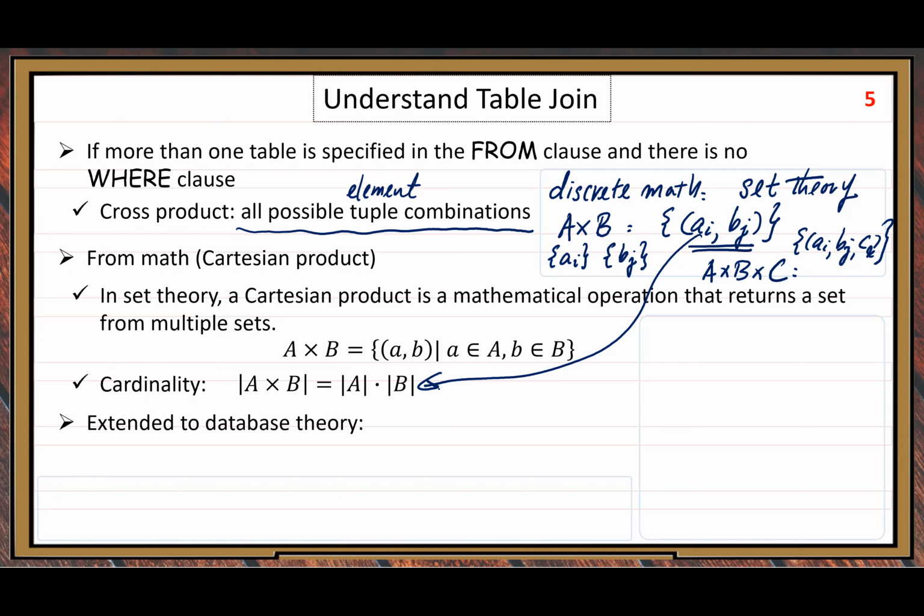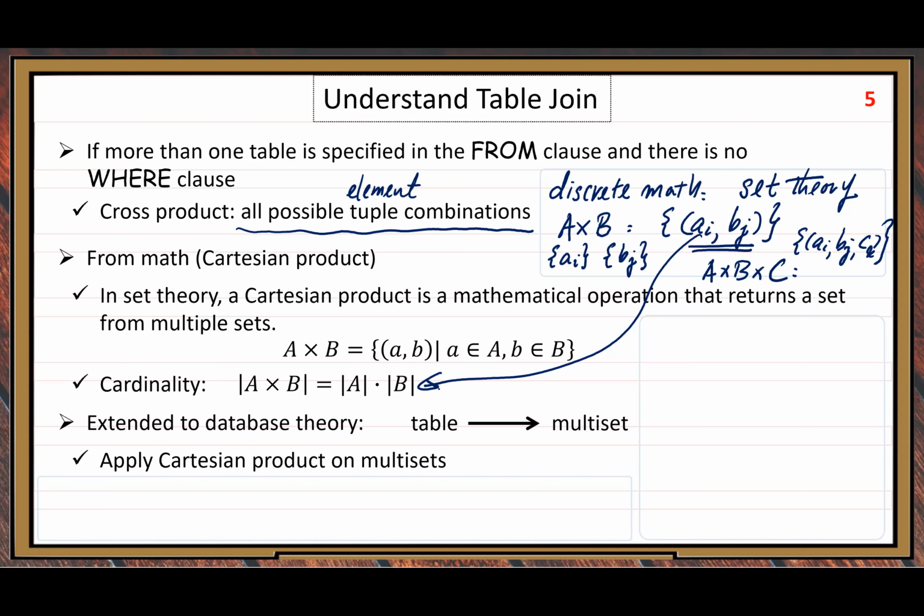Extended to database theory, we now use this original meaning, Cartesian product. But remember our table corresponds to a multiset, not a strictly mathematical set. Then we need to make appropriate adaptation to the multiset version, so we have to modify it a little bit.